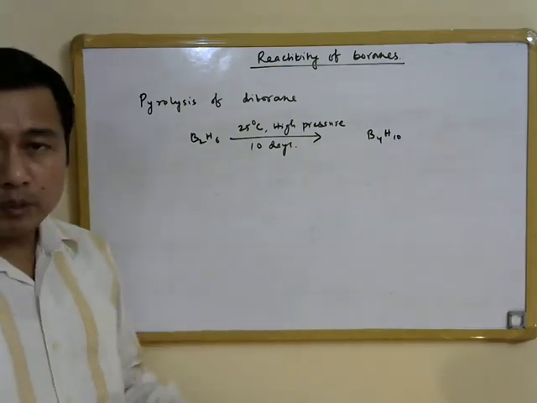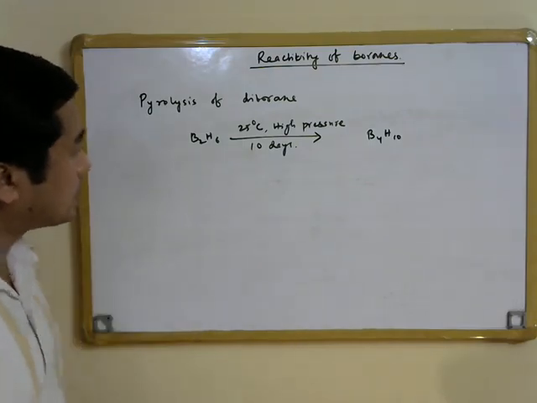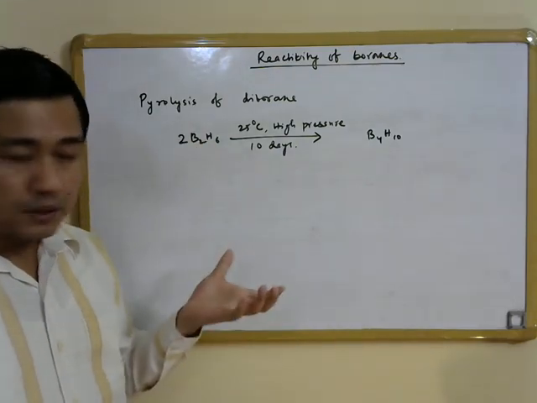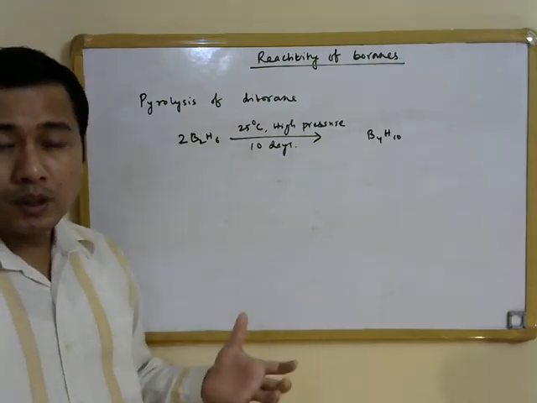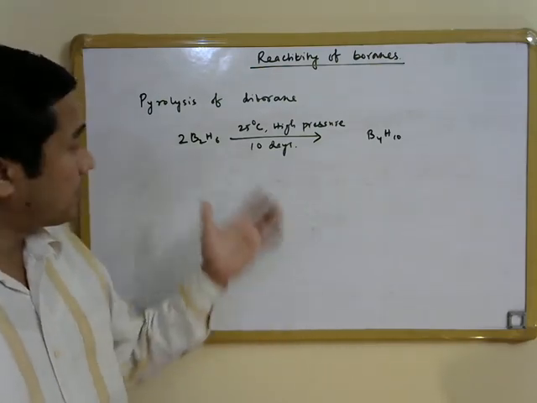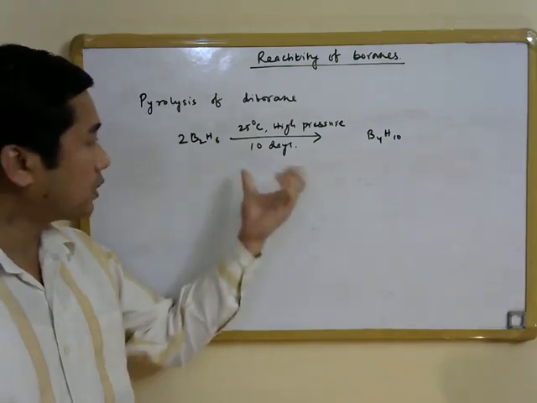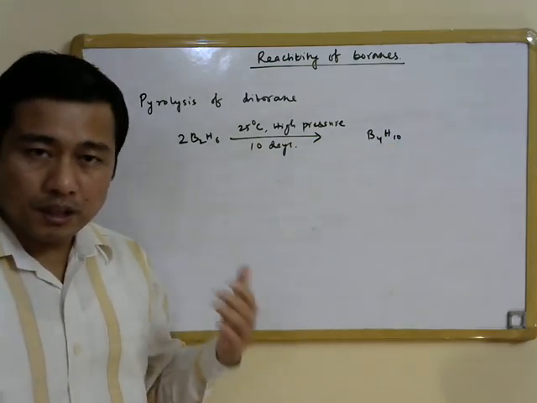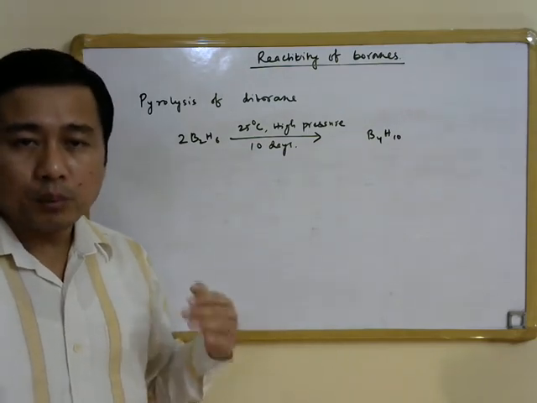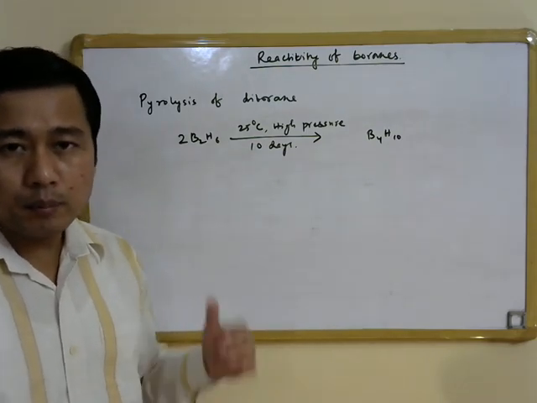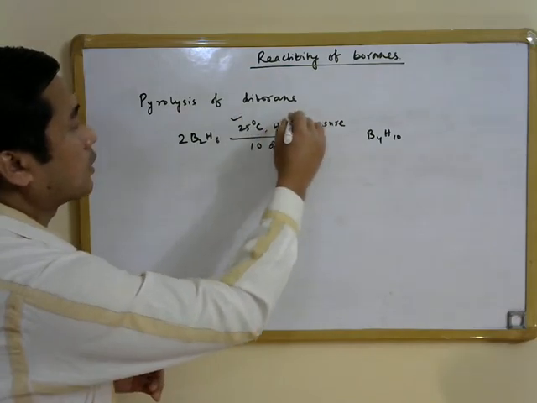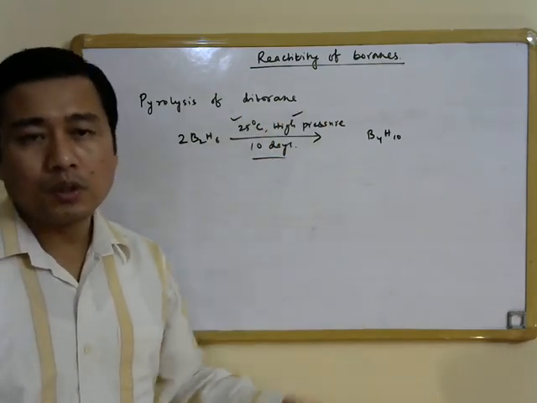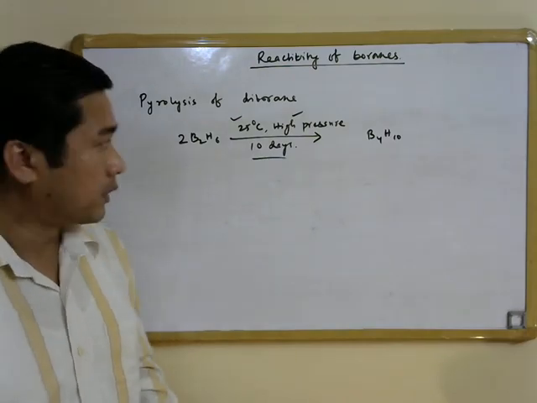So that is how one can prepare B4H10 starting from B2H6: just leave the B2H6 or diborane sample in a sealed tube at 25 degrees Celsius under high pressure for 10 days, and one will have B4H10. Similarly, other higher boranes can be prepared in good yield by optimizing the temperature, pressure, and the duration of the reaction, and that allows preparation of most of these borane molecules.